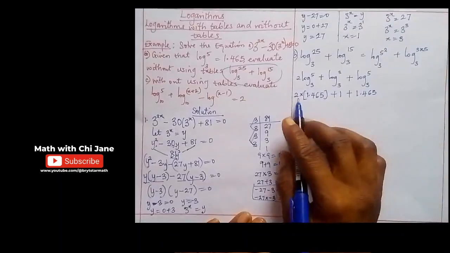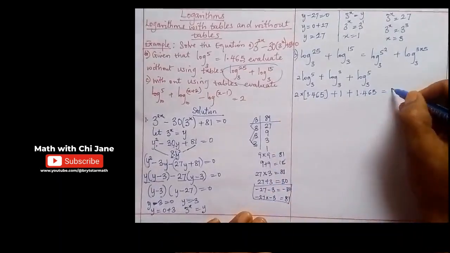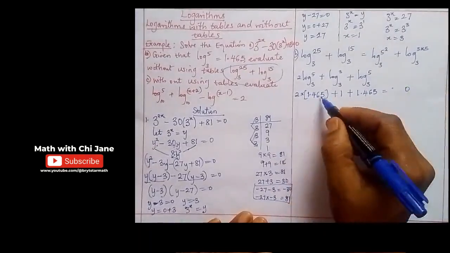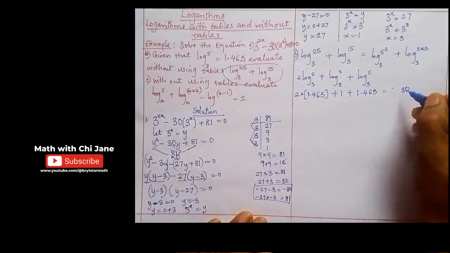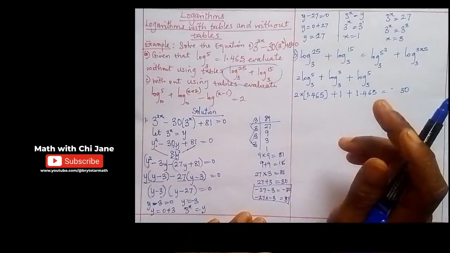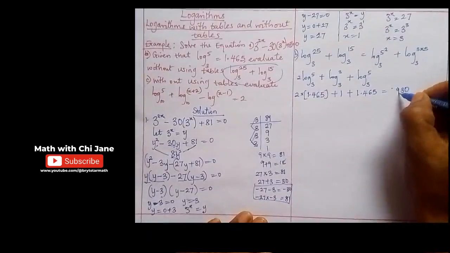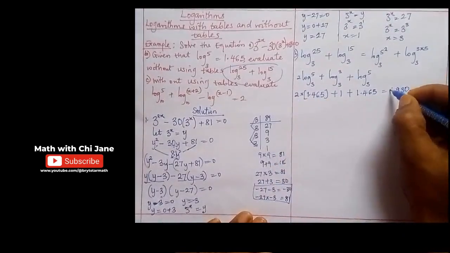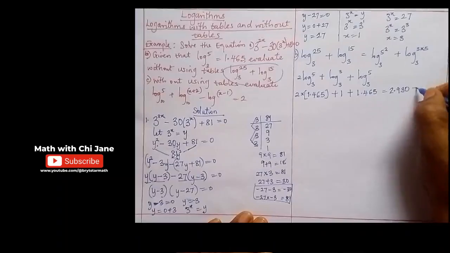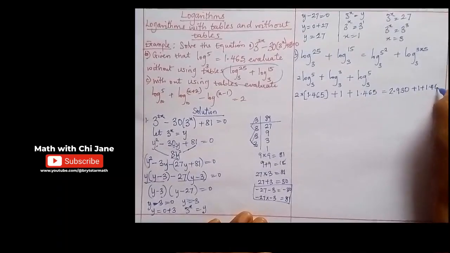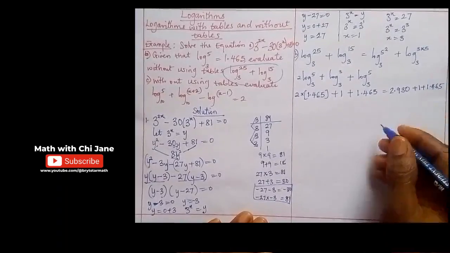Okay, so multiply 2 by this. 2 times 5 is 10. 2 times 6 is 12, plus 1, 13. 2 times 4 is 8 plus 1, 9. Then 2 times 1 is 2. So 2.930 plus 1 plus 1.465.